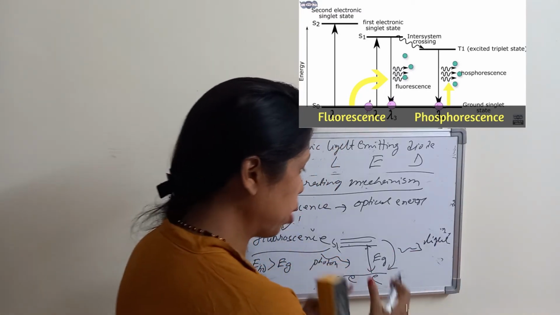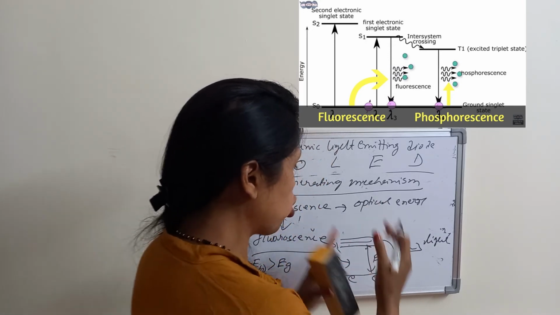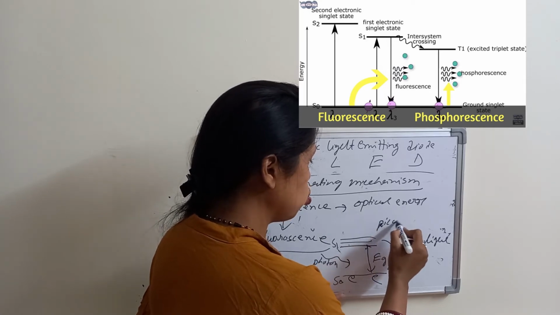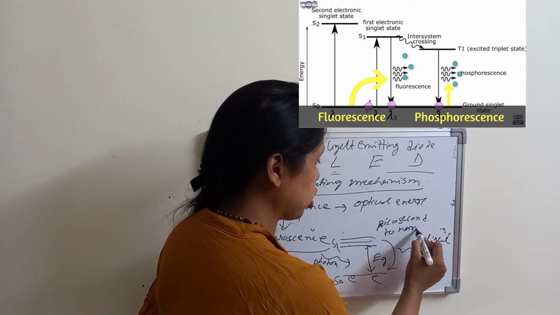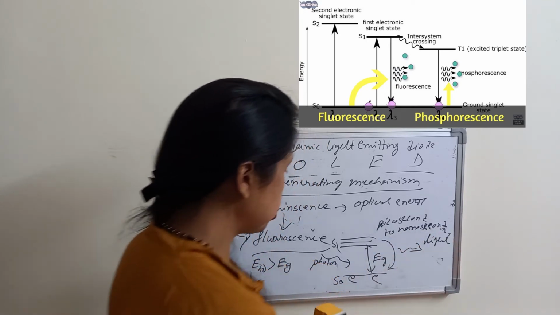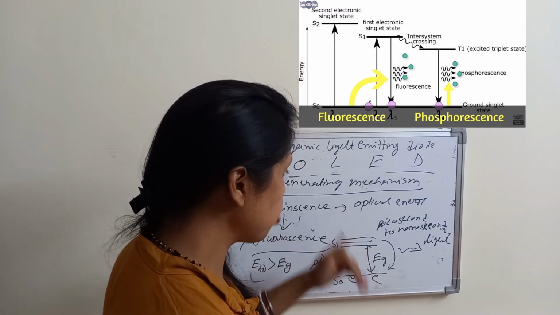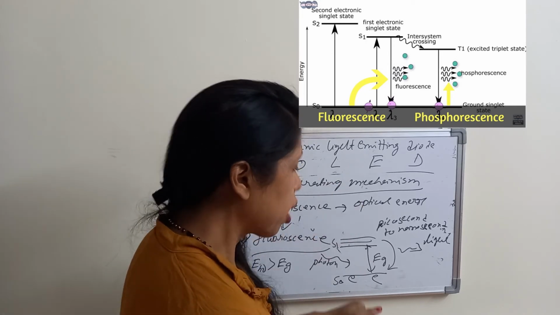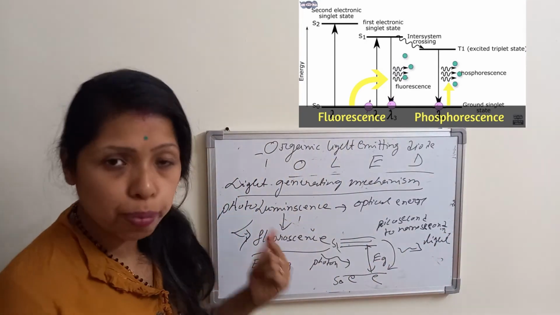The time duration for this process is picosecond to nanosecond. In this mechanism, very quickly the electron will go to the higher state, and within a picosecond to nanosecond, that electron will fall down to the ground state to emit the light. That is the fluorescent mechanism.